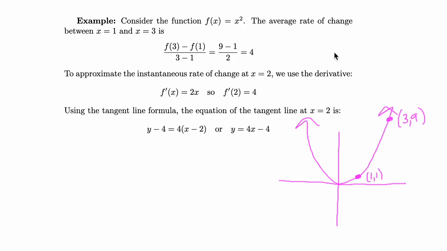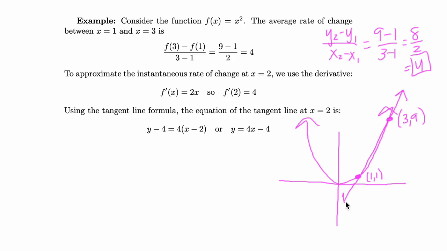I'm just going to use y2 minus y1 over x2 minus x1. So I'm going to get 9 minus 1 over 3 minus 1, which gives me 8 over 2, which gives me 4. So that tells me the slope between these 2 points, like that, is going to be 4.